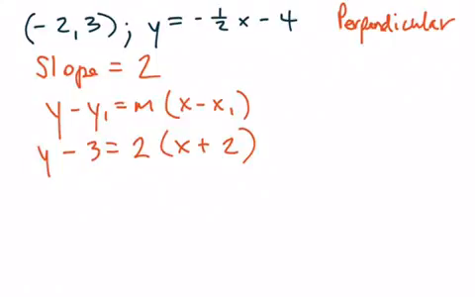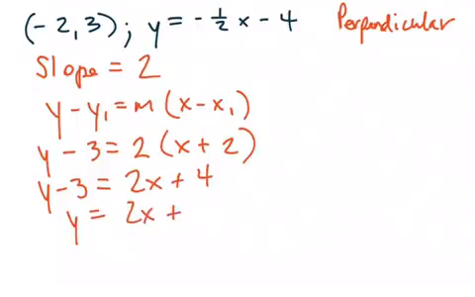Now, once we get everything plugged in, we just need to isolate the y. So specifically on this one, we already knew the slope, but we had to find the y-intercept, which would be 7.